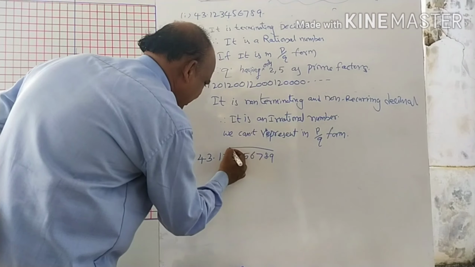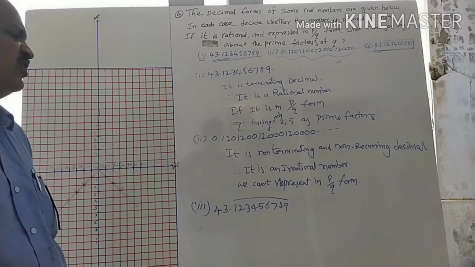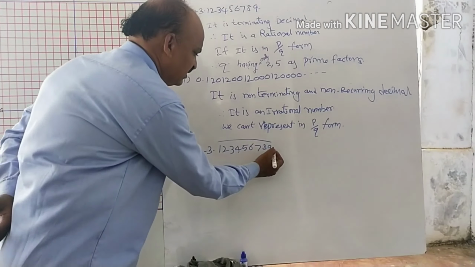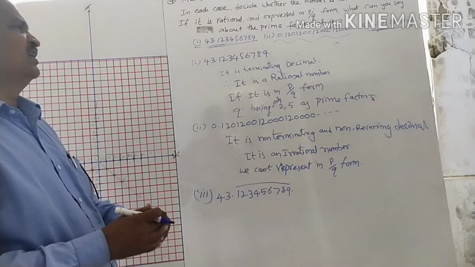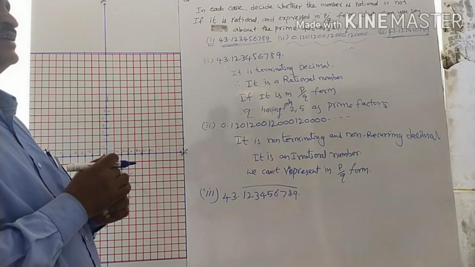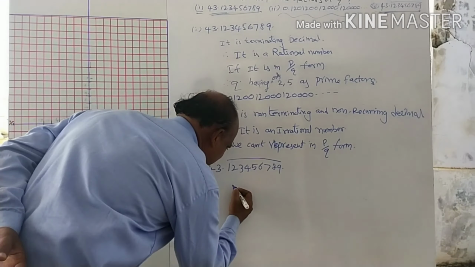Third one, 43.123456789 recurring on 123456789. It is a non-terminating recurring decimal.